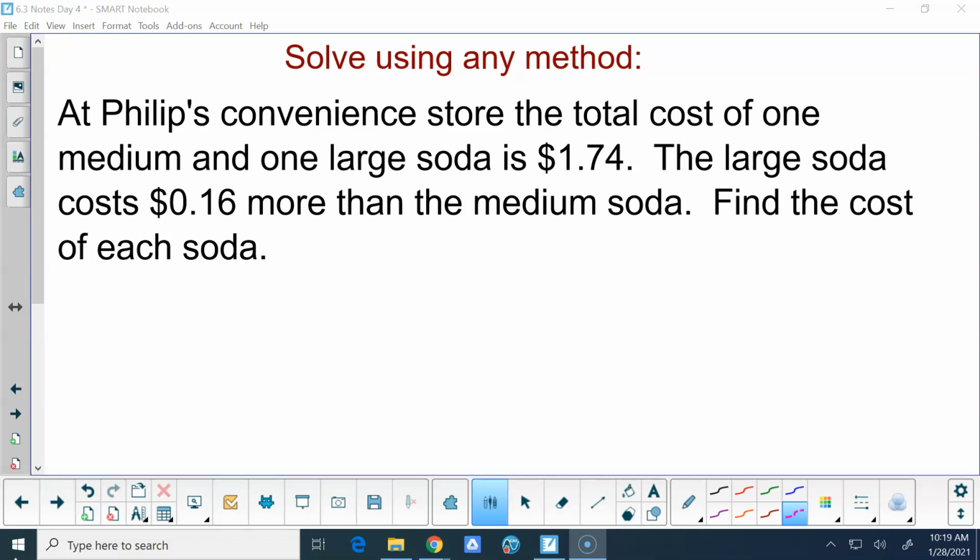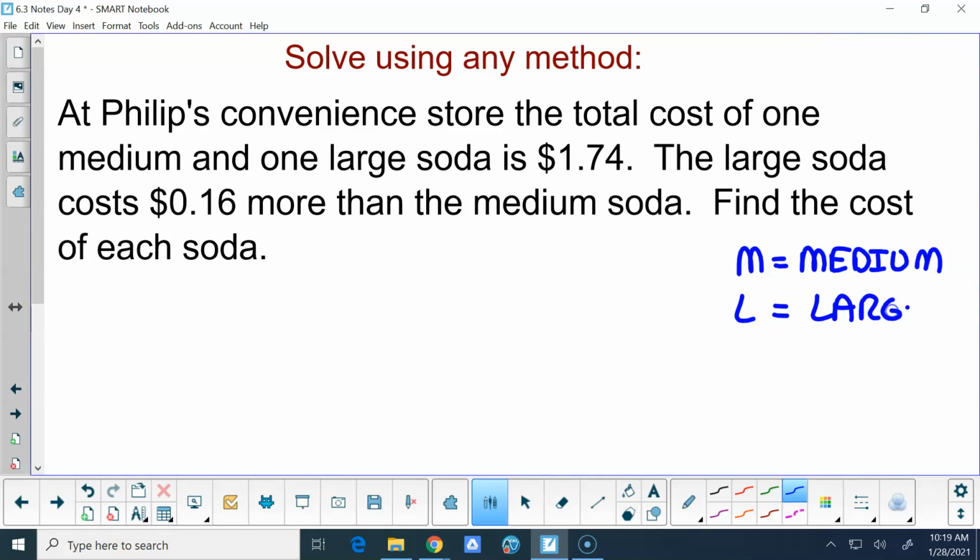At Phillips Convenience Store, the total cost of one medium and one large soda is $1.74. So I would say here, let's go M for medium and L for large. Now again, any of the 26 letters works; these are not the same one.